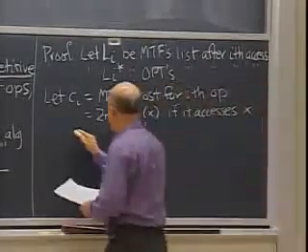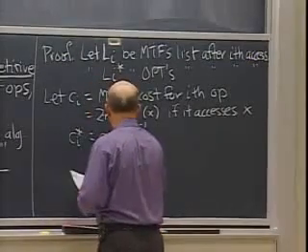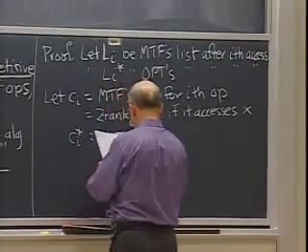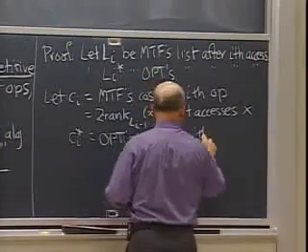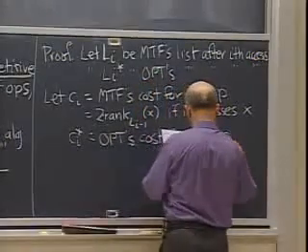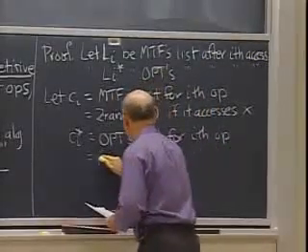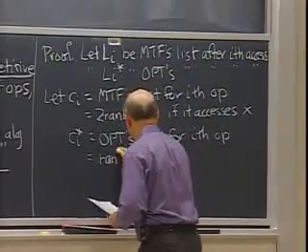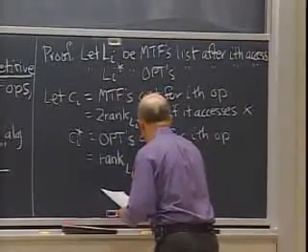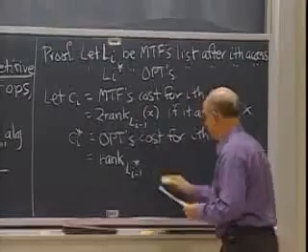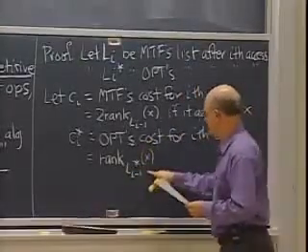And similarly, we'll let C sub i star be OPT's cost for the ith operation. And that's just equal to, well, to access it, it's going to be the rank in L sub i minus 1 star, whatever its list is, of x at that step, because it's got to access it.